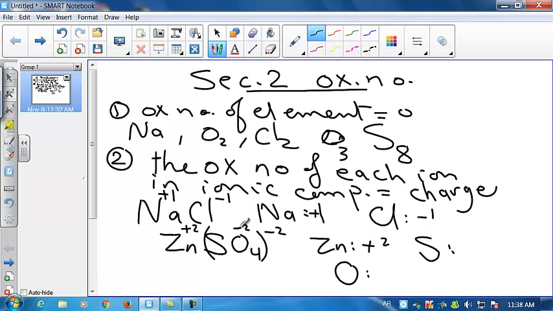How much positive charge should I put here such that the total is negative 2? Against negative 8, here positive 6. So again, positive 6 and negative 8 equal negative 2. So the oxidation number of sulfur in the sulfate is positive 6. And the oxygen here, the normal oxidation number for oxygen is negative 2.